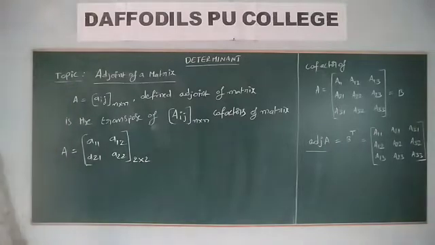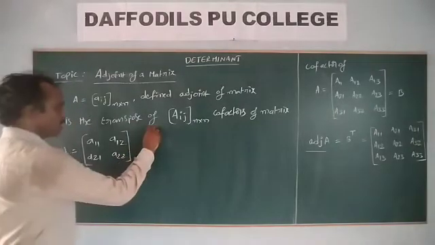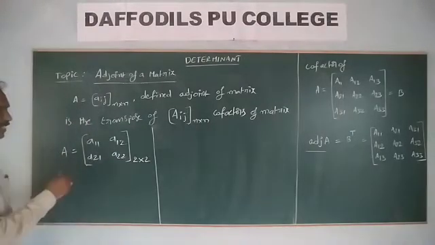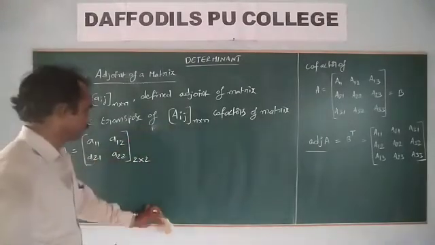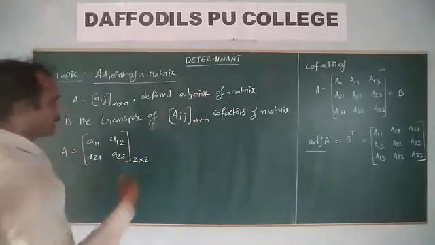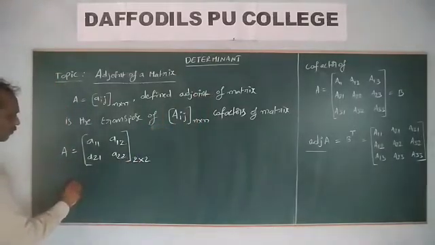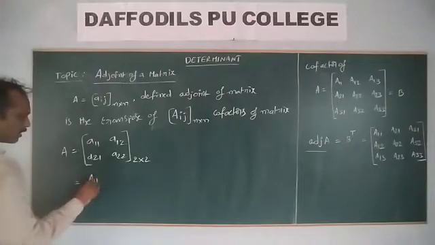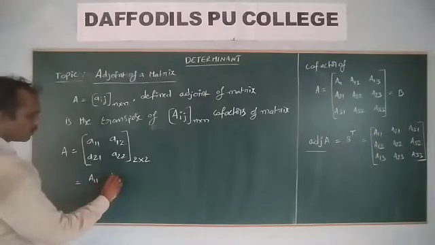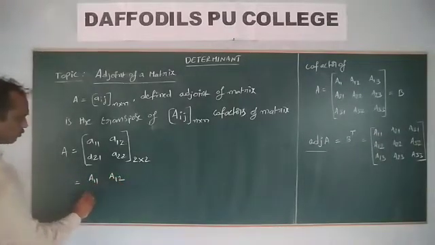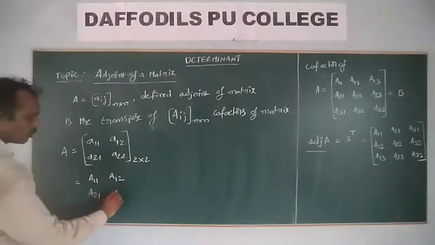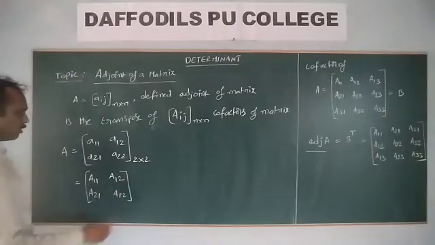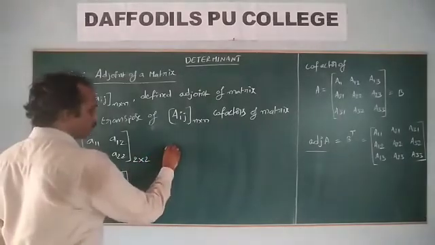I want adjoint A, the same as before. First we find the cofactors A11, A12, A21, A22.